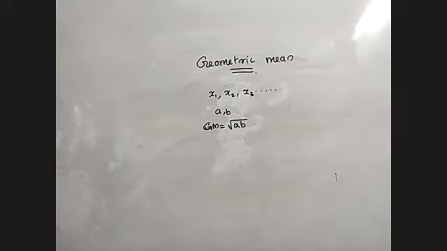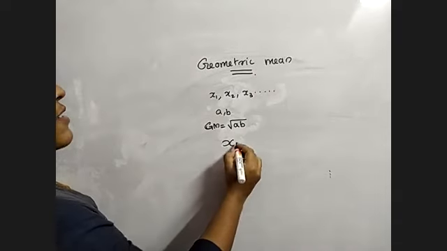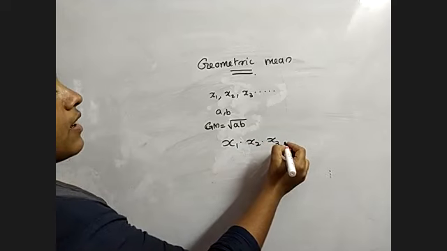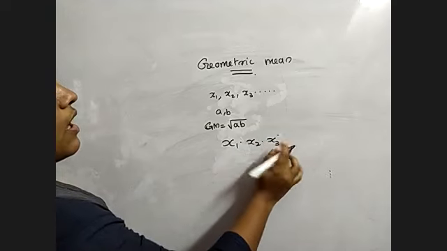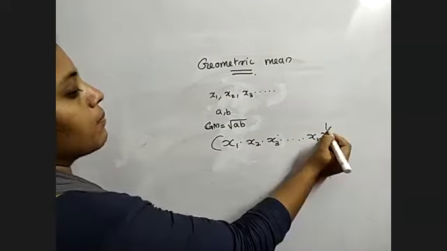Generally in our exam, they ask with two numbers, but we can also find the geometric mean of n numbers. How can we find it? X1 into X2 into X3 into etc. up to Xn, the whole raised to 1 by n.